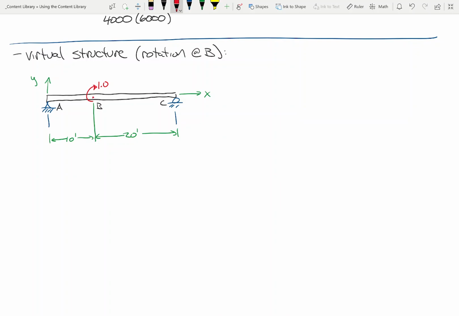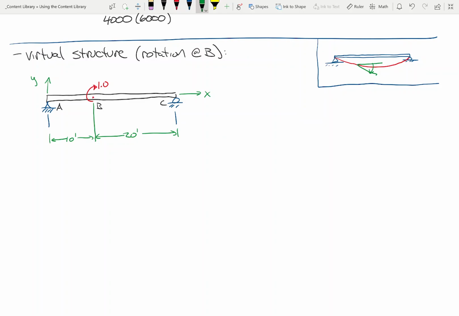And if you're wondering, I think the structure is going to deform something like that. So here's what the structure did look like. Here's what it now looks like. And so we're rotating like that. So that's why the moment goes that way. Okay?